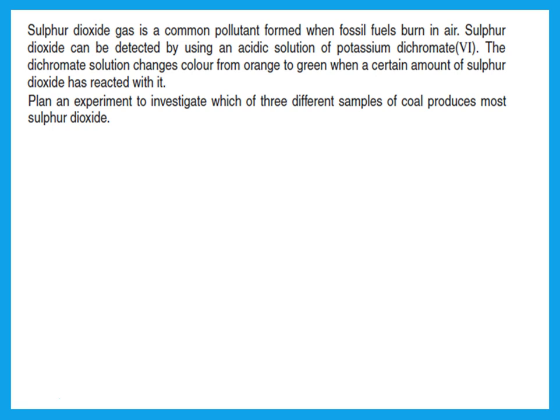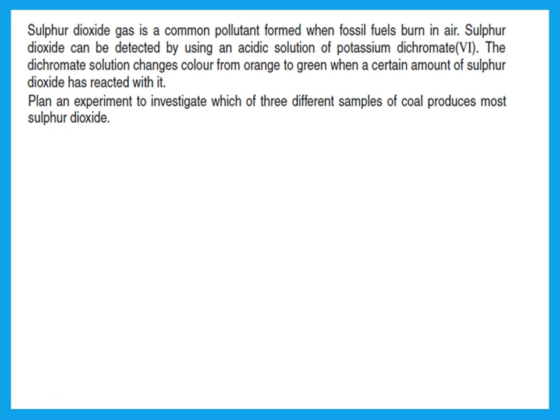Or we had a use of potassium manganate, and the potassium manganate changes from purple to colorless. So here he's telling me I'm going to use potassium dichromate, which is originally orange. And when the sulfur dioxide reacts with it, it turns from orange to green when a certain amount of sulfur dioxide has reacted.